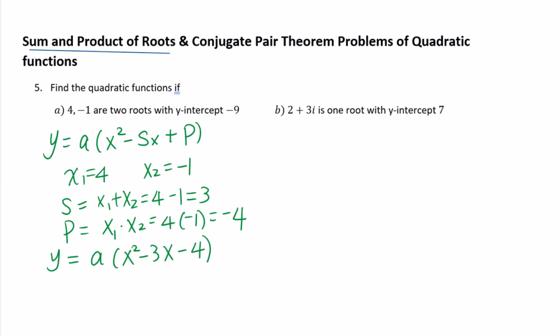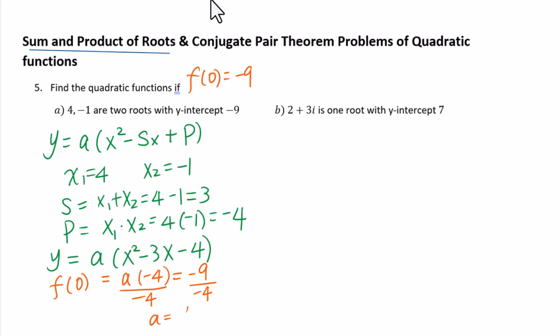The y-intercept means f of 0 equals negative 9. So f of 0 equals a times negative 4 equals negative 9. Then we divide by negative 4 on both sides. a equals 9/4.